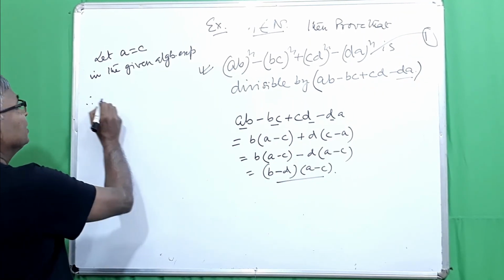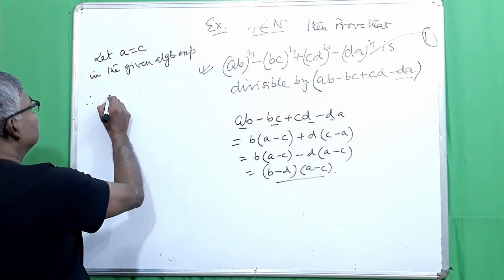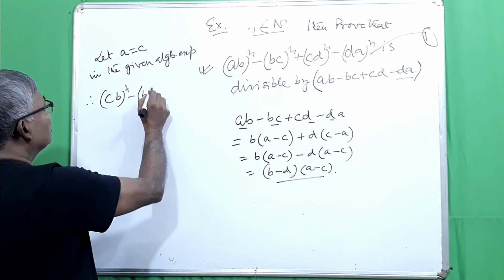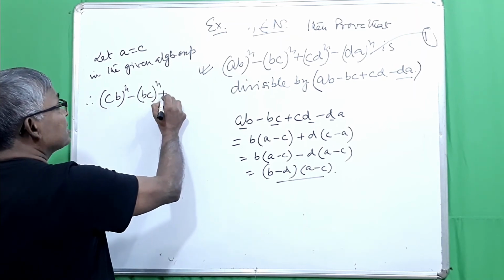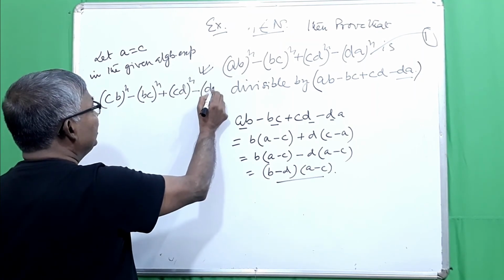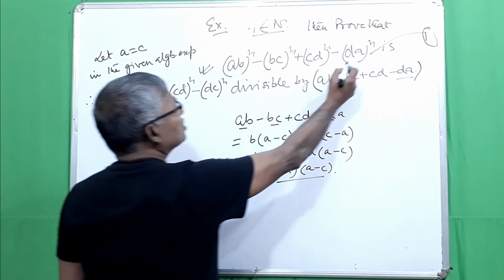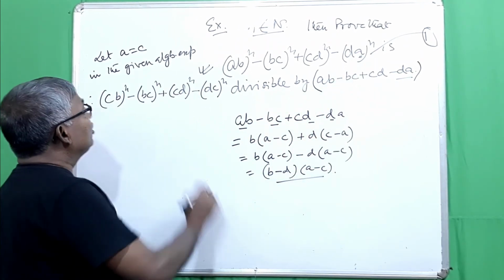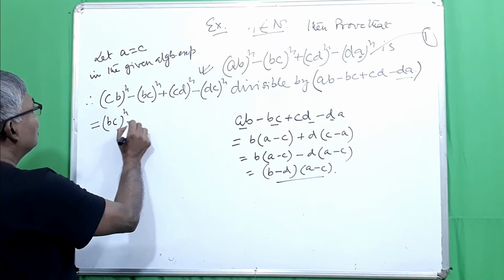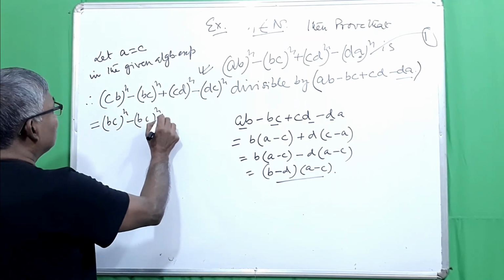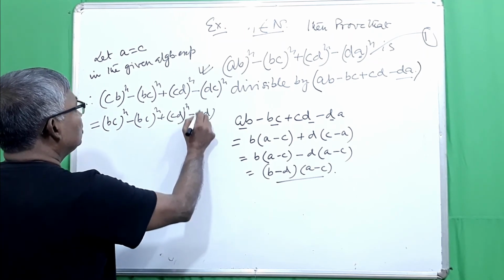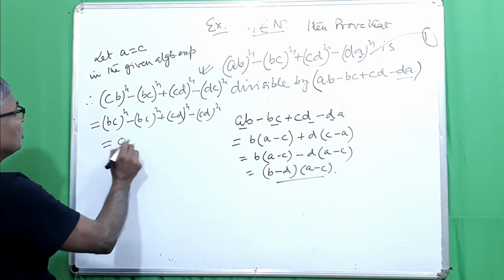Therefore, we can write here a equal to c, that is (cb)^n minus (bc)^n plus (cd)^n minus (dc)^n, because we are putting a equal to c, so it is equal to (bc)^n minus (bc)^n plus (cd)^n minus (cd)^n, that is equal to 0.